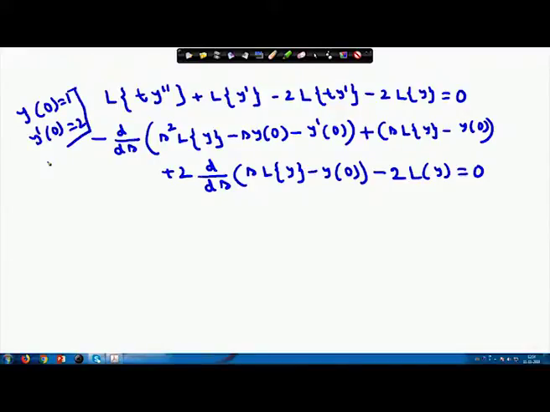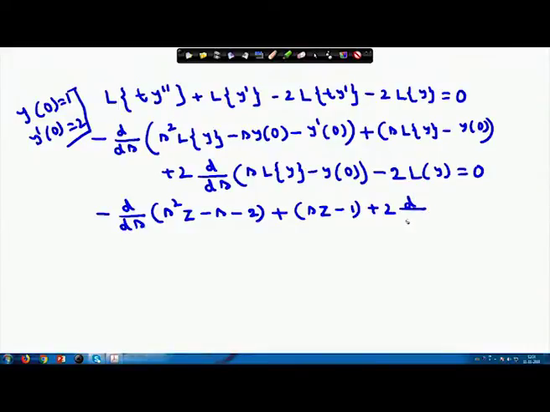So, if I substitute these values in the given equation, then I will obtain minus d d s of s square z minus s minus 2 plus s z minus 1. I am not explaining this because you can find it out very easily, plus 2 into d d s of s z minus 1 minus twice z equals 0.